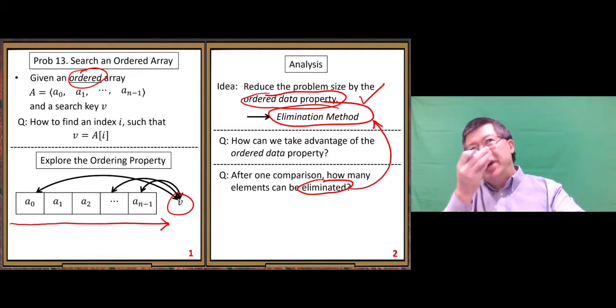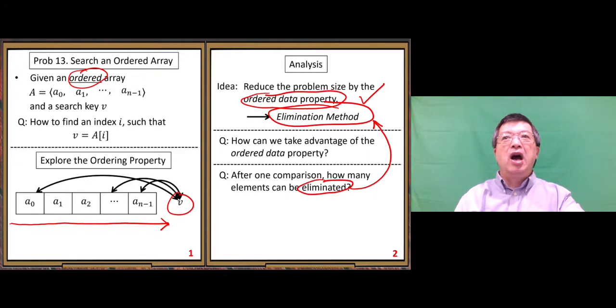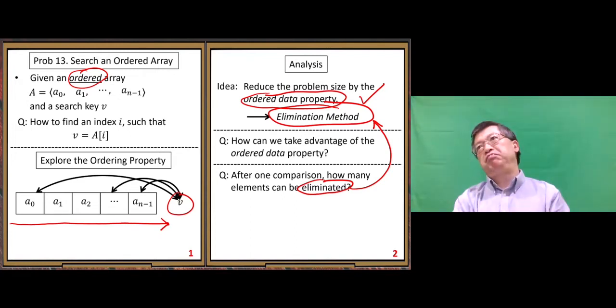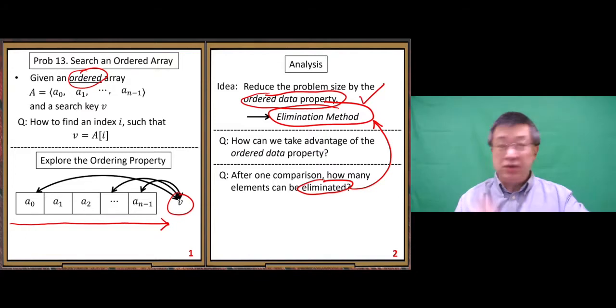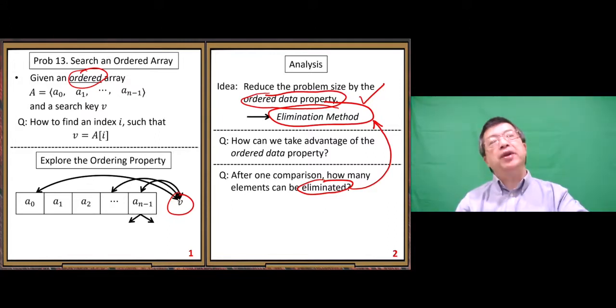So we want to connect it to the elimination method. How many elements? We want to eliminate as many as possible. That's our goal. So now we try to answer this question. First, let's do some experiment.